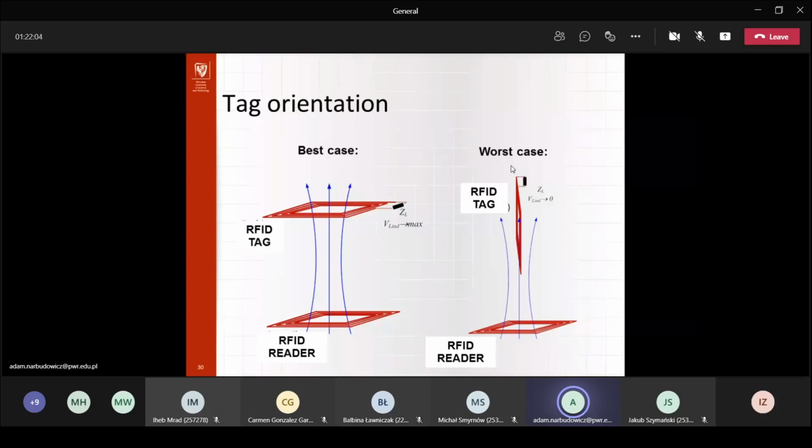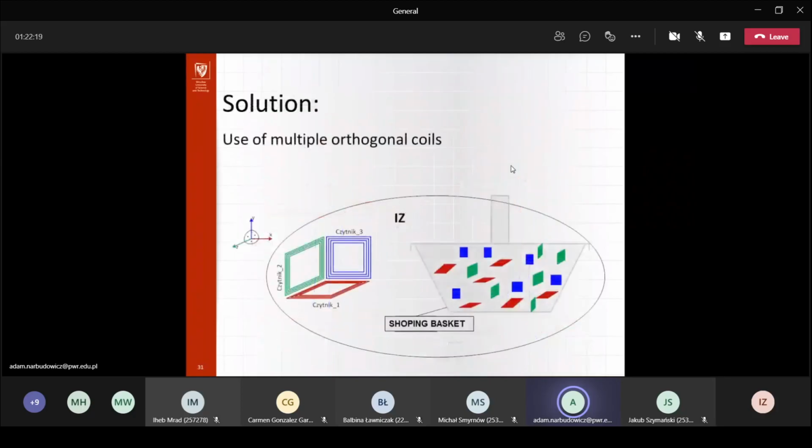So the power induced is also small. Now, this wouldn't be much of a problem for door opening systems or card reading, because the user puts the tag in a specific position. However, RFID tags are very often used for shopping systems. I'm not sure, but I think most Decathlon shops have RFID tag shopping.